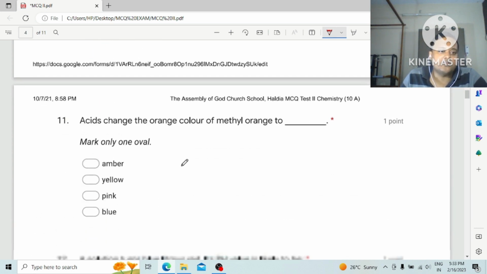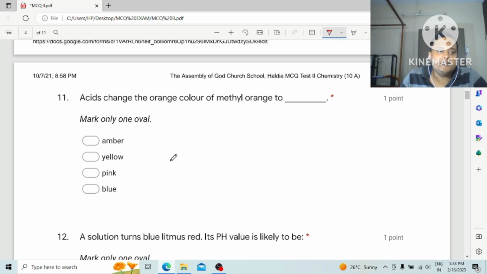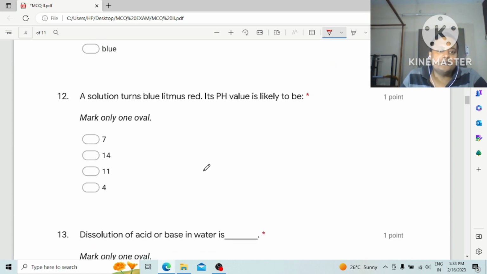Alkali means water soluble. Acid changes the orange color of methyl orange to pink. Blue litmus turns red, so pH will be less than 7. Less than 7 is acidic, more than 7 basic, 7 neutral.